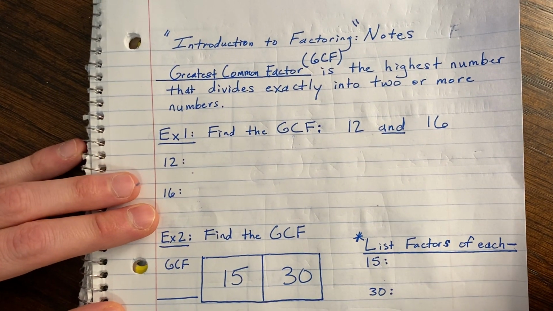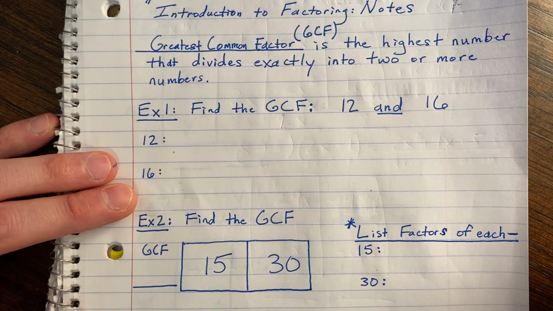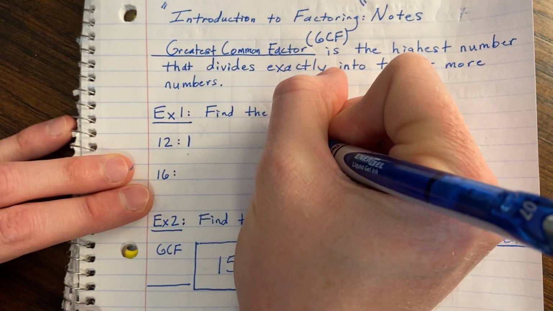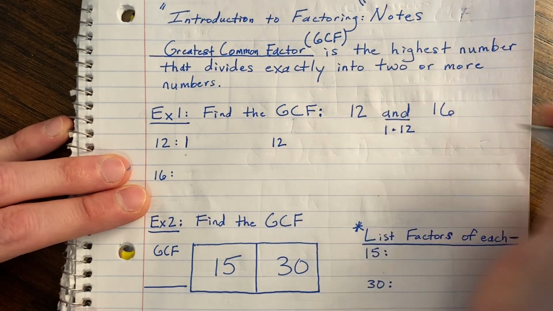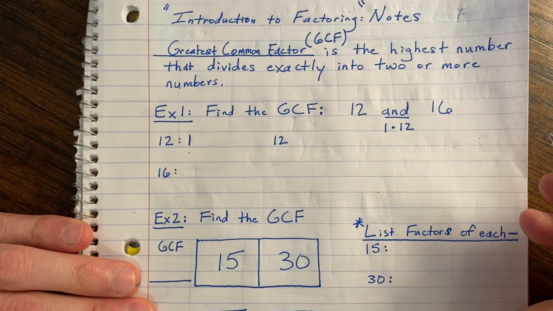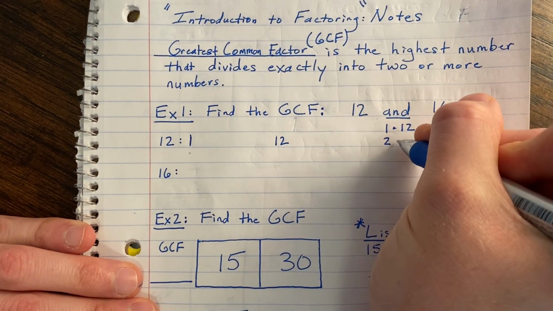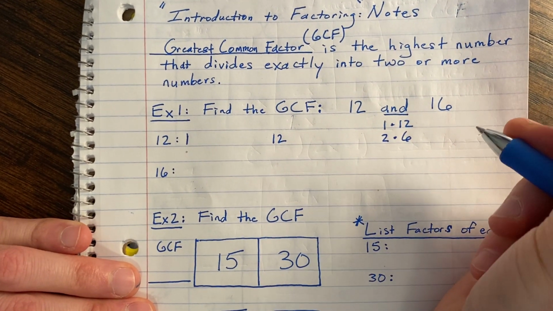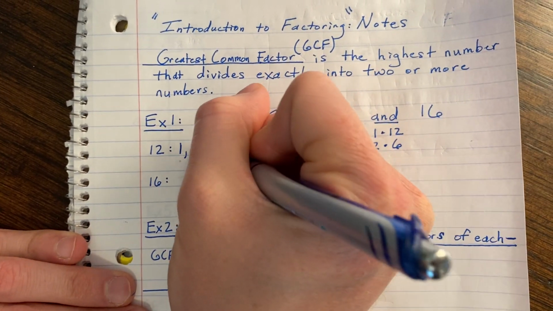Well, we automatically know that 1 times anything, 1 times 12, will give you a factor, right? It multiplies to 12. Let's try some other stuff. Let's go with 2. 2 times what gives us 12? Well, 6. So we have 2 and 6 as a factor.